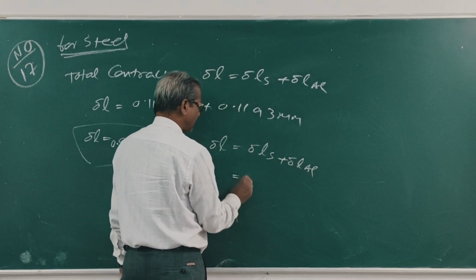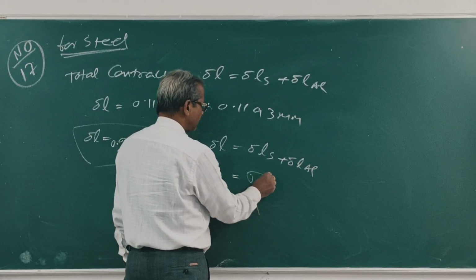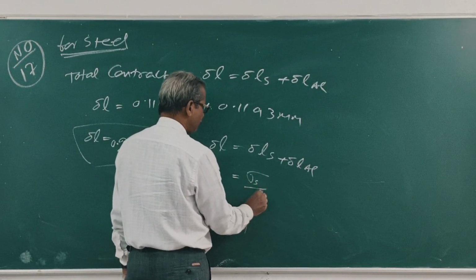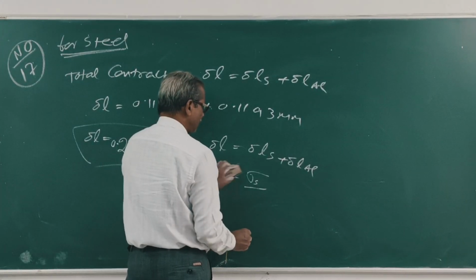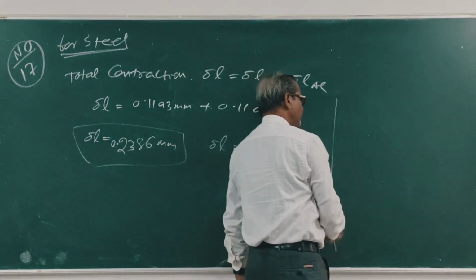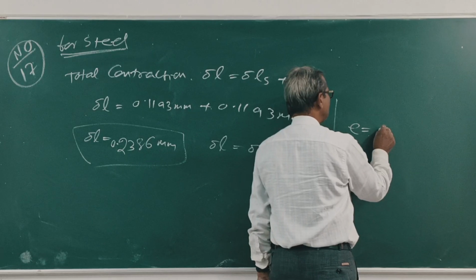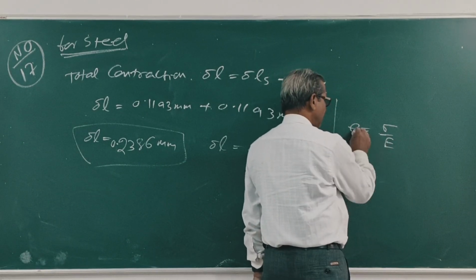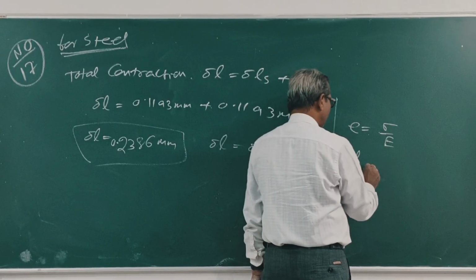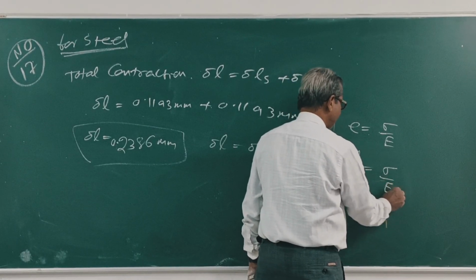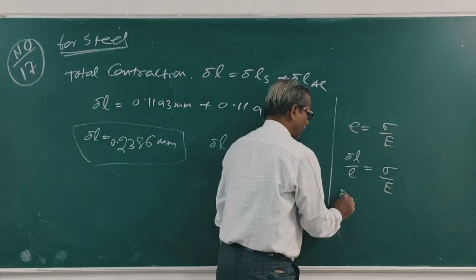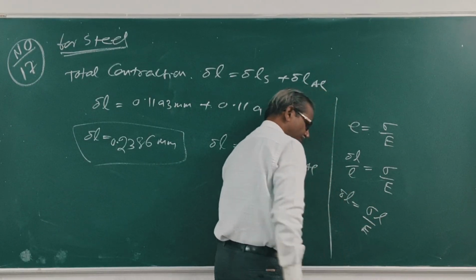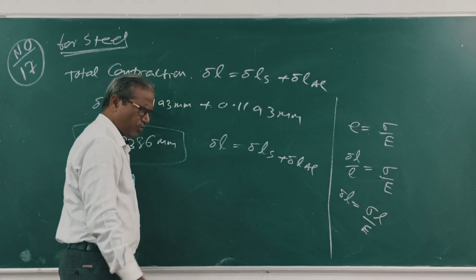What is delta L steel? Stress by E. Sigma S by E is equal to strain. Clear? E means delta L is equal to stress by E. What delta L is equal to sigma L by E. Right? Put here.